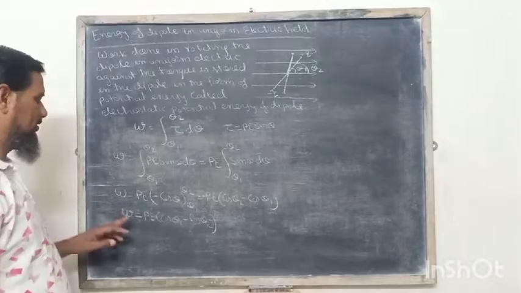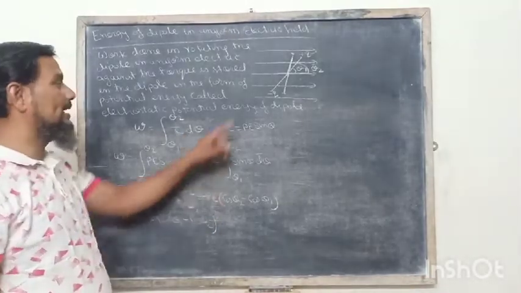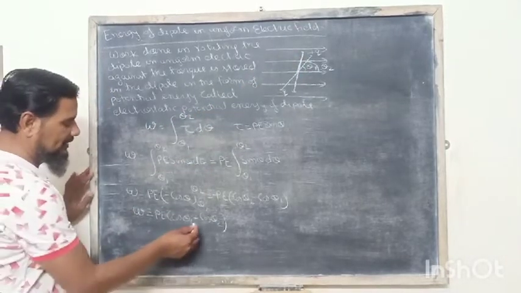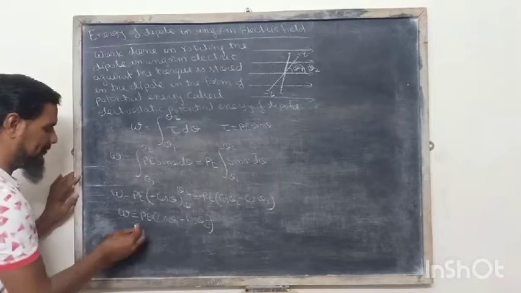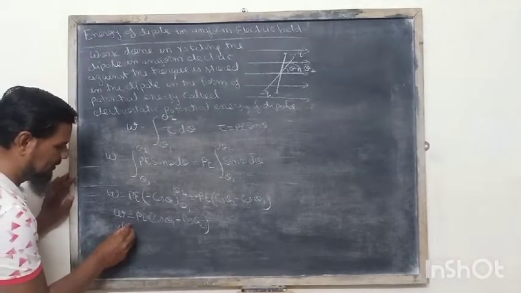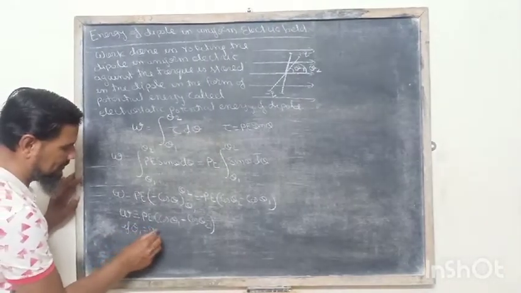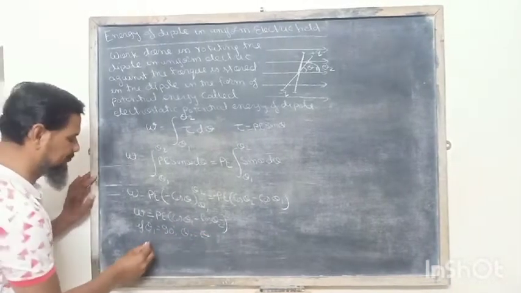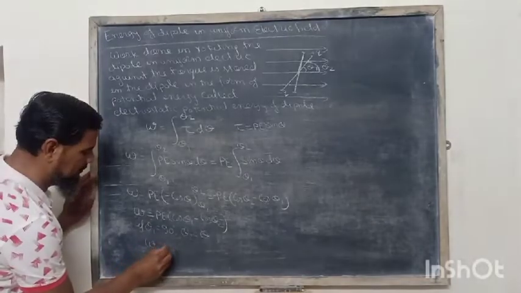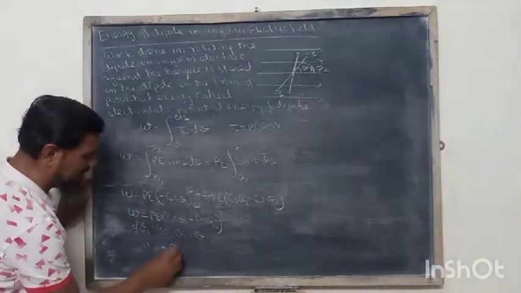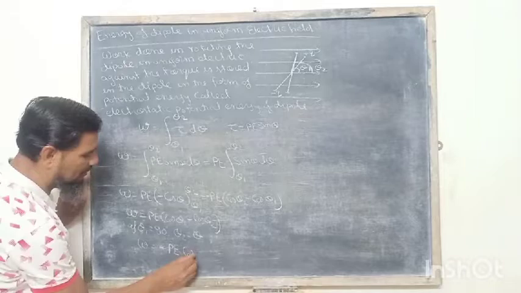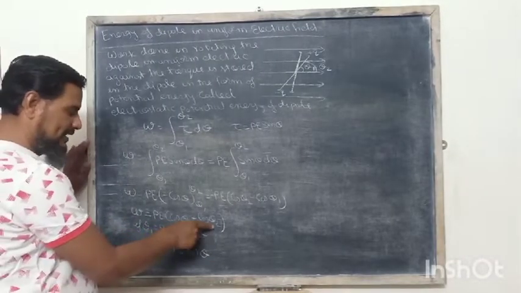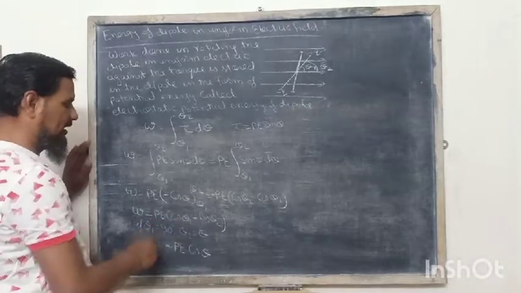This is the work done in rotating the dipole from theta 1 to theta 2 in a uniform electric field of intensity E. If theta 1 is equal to 90 degrees and theta 2 is equal to theta, then W is equal to minus pE cos theta, since cos 90 is equal to 0.